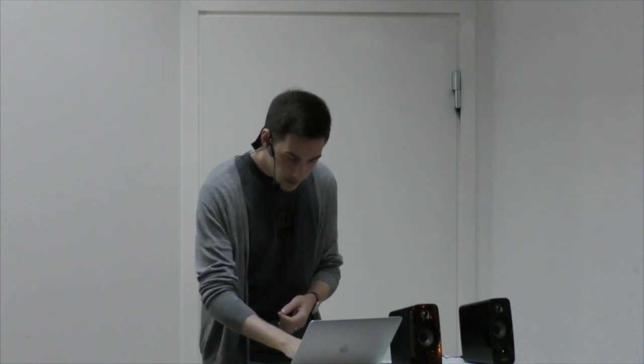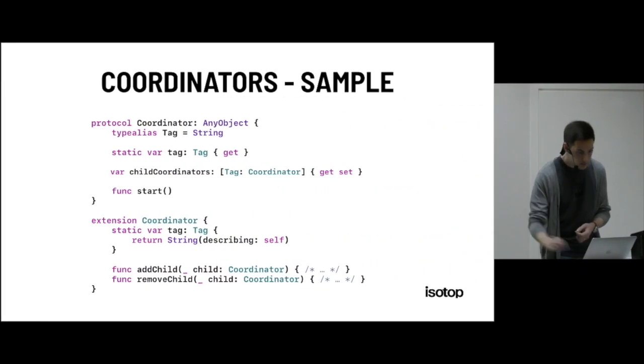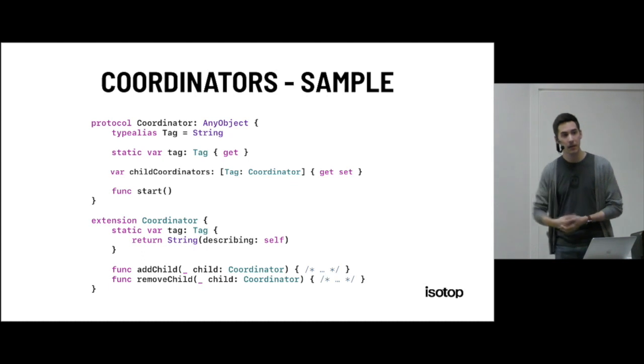Yeah, another good question. The good thing about coordinators is that they make it really easy to isolate custom presentation behavior. But a definite downside of using them is that popping view controllers is a little bit more tricky. This is why we have, let me see if I can show you real quick, the remove child function here.